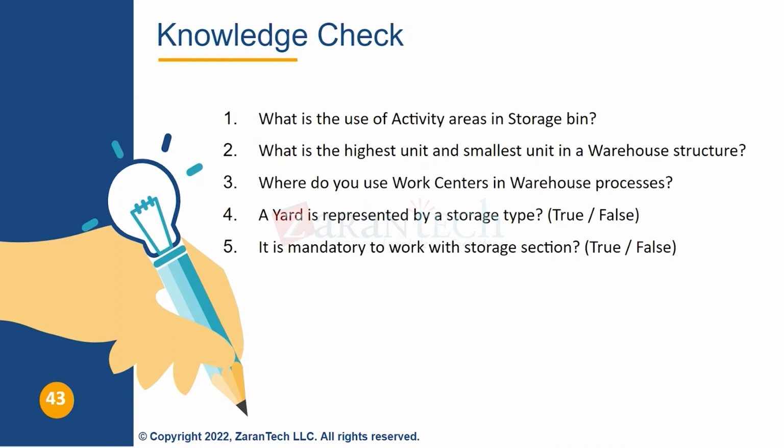This activity area, as I said, is the logical unit in the warehouse. If you need to perform some activity from different storage locations, or in the aisles for different storage locations, or in the same bins of the bulk storage, that particular area will be considered as one activity area where you will do all your picking, putaway activity or internal activities.